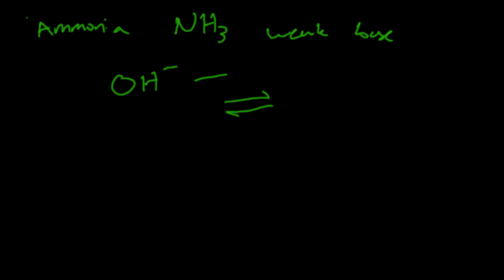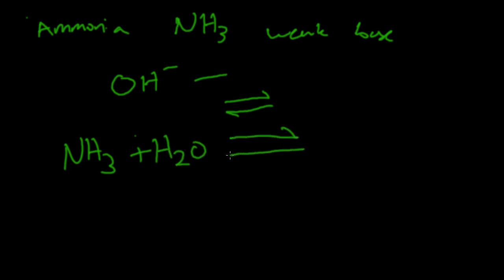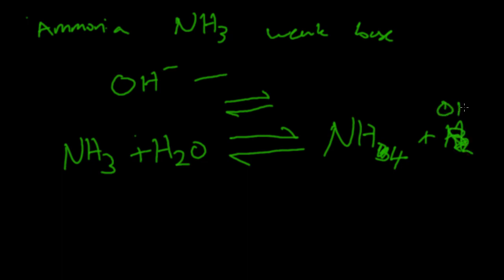So the ammonia base reaction, we'll clear that up first before we talk about what happens when we react it. If you put NH3 into H2O, what will happen is NH3 absorbs an H plus ion from the water and creates a hydroxide ion.